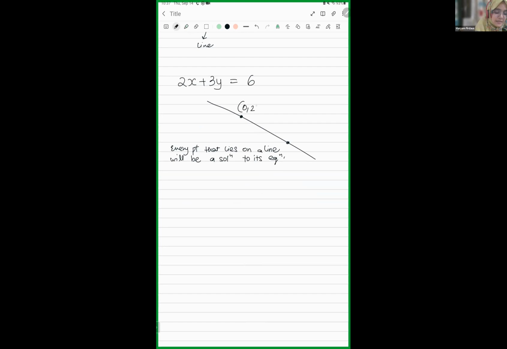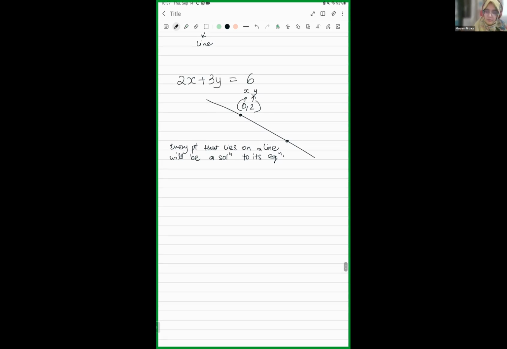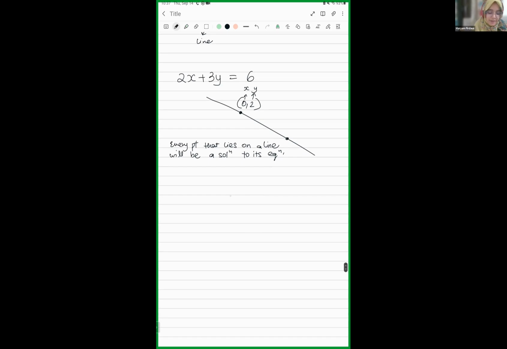So that basically means the x coordinate is 0 and the y coordinate is 2, right? Avni, when you have (5, 4), what is the x coordinate of this point? 5.